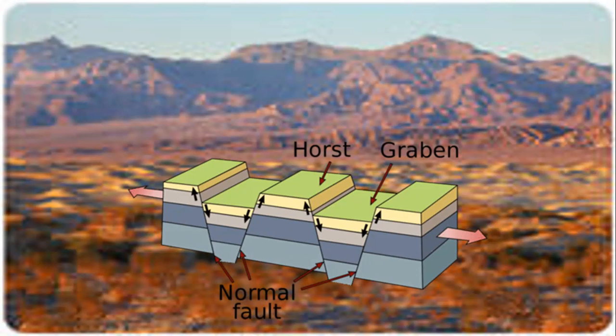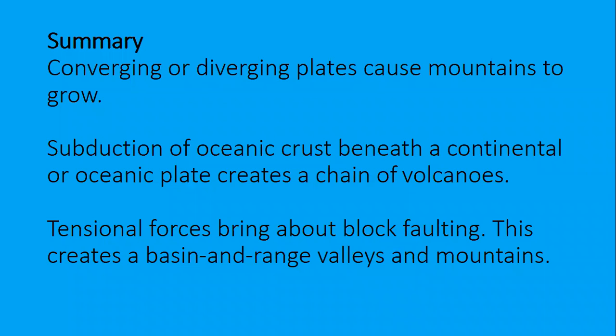Our own Salt Lake Valley is part of a normal fault system that has sunk down between what is now two sets of mountains. In summary, converging or diverging plates cause mountains to grow.